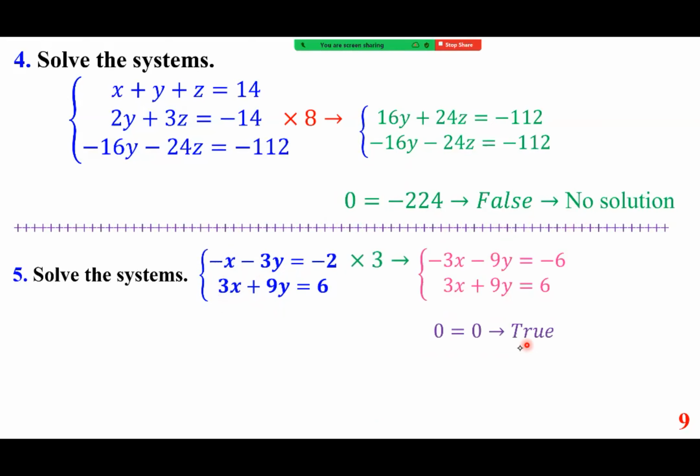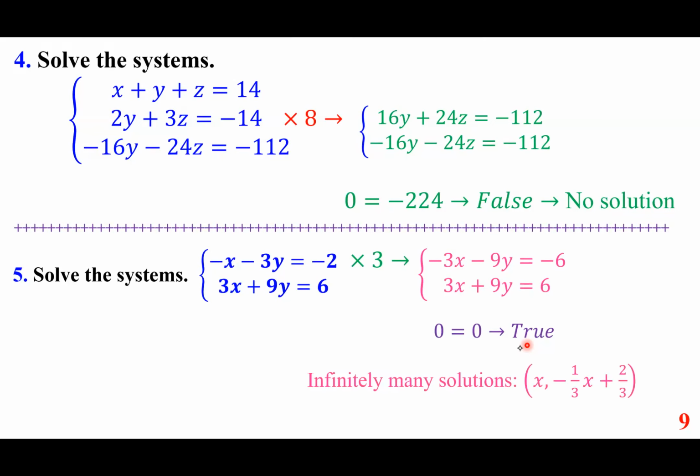That means you have actually the same equation. You have infinitely many solutions. And one way to write it, they write x and they solve for y in one of them, it doesn't matter, and they put it as the solution. Instead of writing x comma y, the y is a function of x, so you solve for y, move the negative x and divide by negative 3.